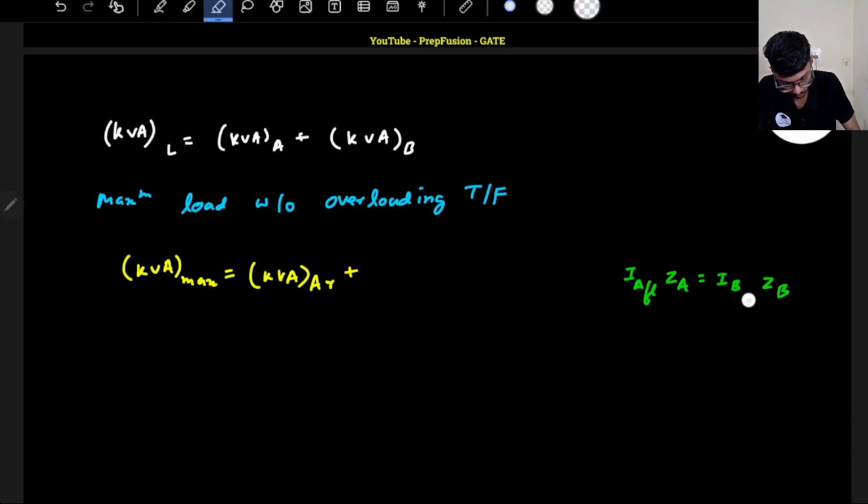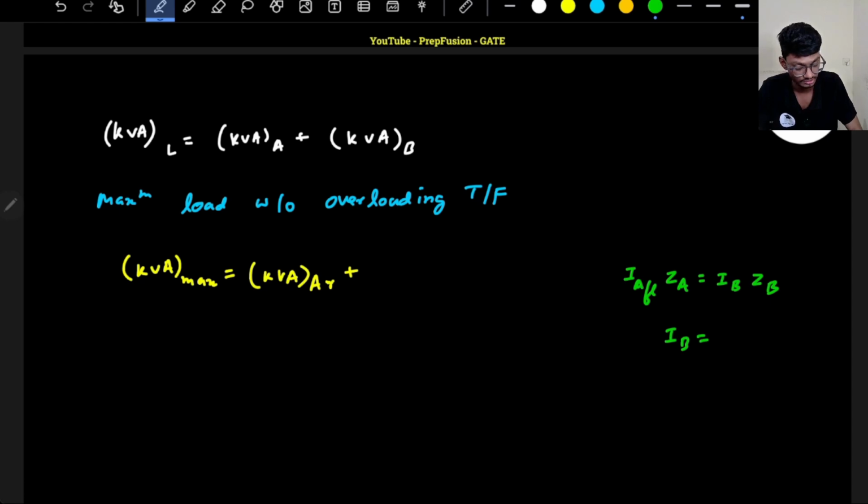Because A is reaching first, this will be the value right here. From here I can find out the current of transformer B at this condition, that is IAFL into ZA upon ZB. This is my current.